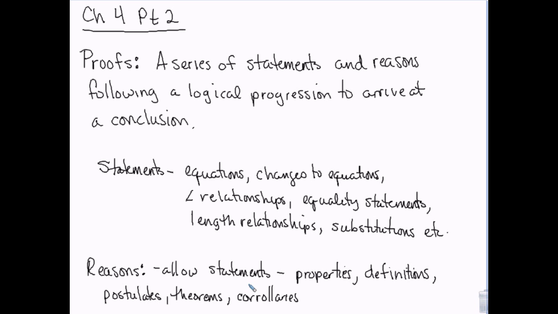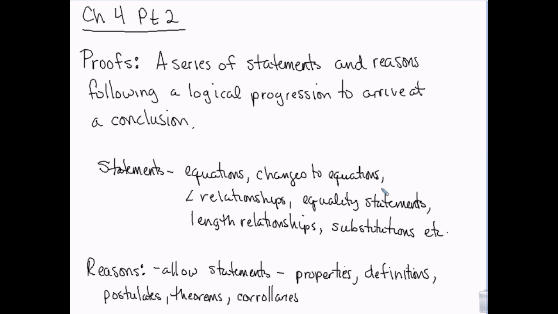There's a bunch of theorems that we've had. And then the corollaries, we had that one perpendicular line corollary that follows from a theorem, where it's just like, well, here's this added on little thing that, yeah, obviously that would mean that. So all of your reasons are going to be a property, a definition, a postulate, a theorem, or a corollary.